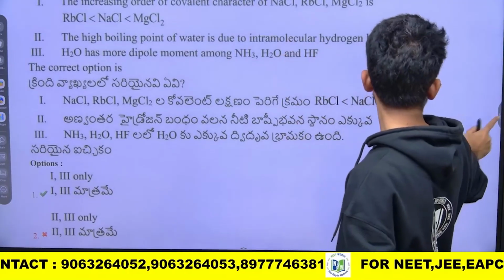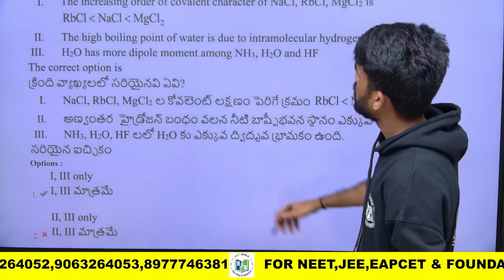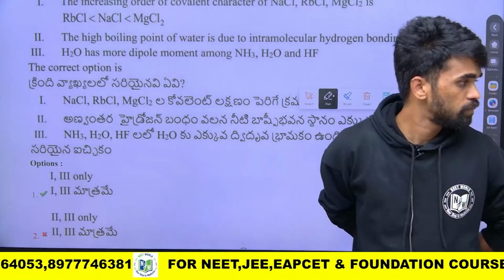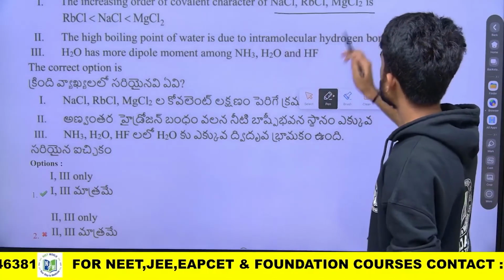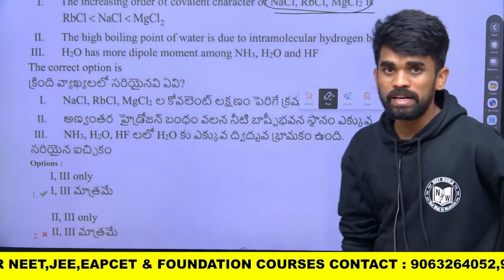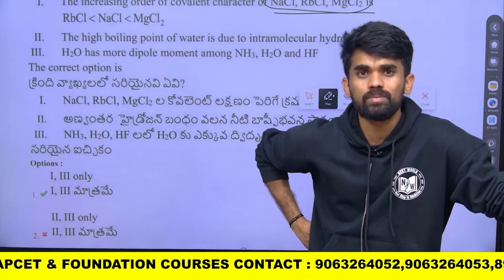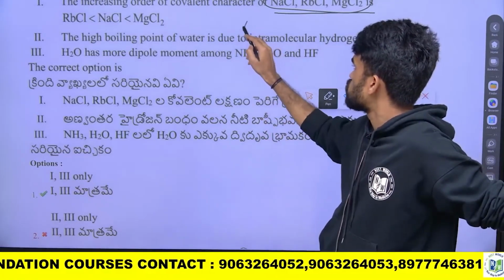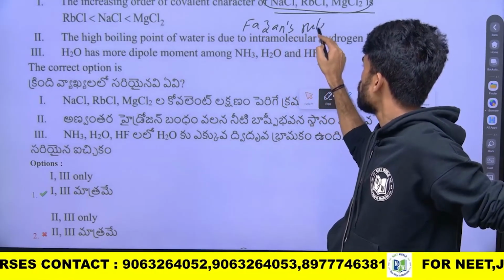Here you can see what they mentioned: which of the following statements are correct. First, the increasing order of covalent character for these three substances. These three are ionic compounds only, but in every ionic compound there will be some covalent nature. This covalent nature is explained by Fajan's rules.